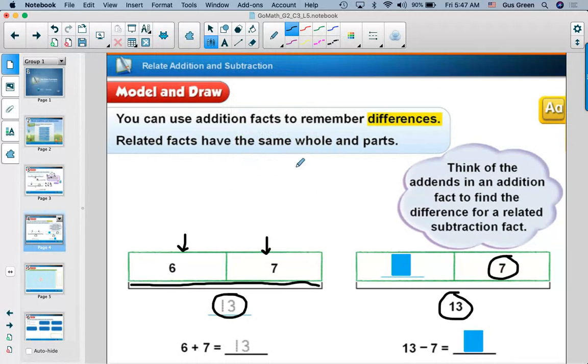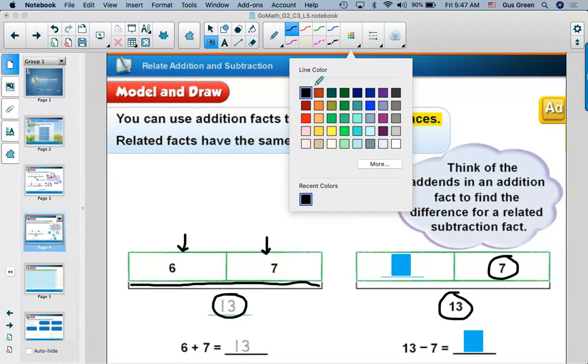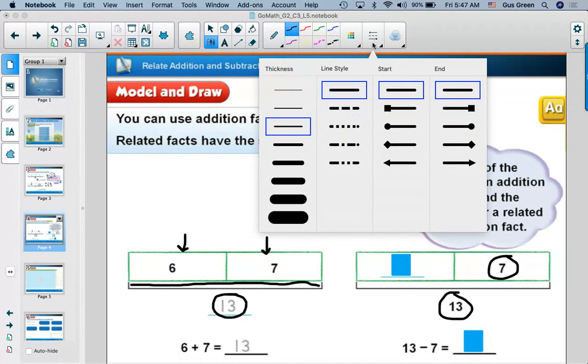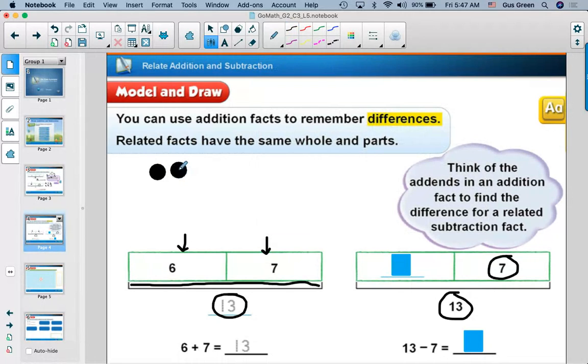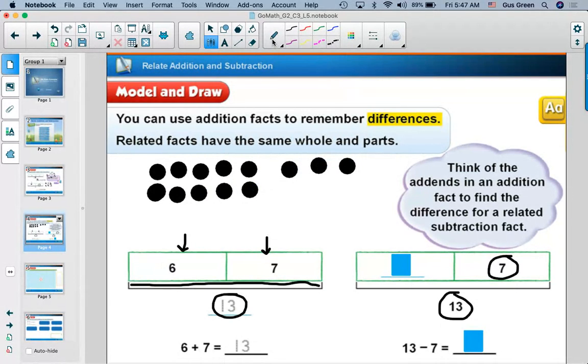Let's do another strategy. Let's draw a quick picture. Let's do 13, and let's stick with our soccer ball theme. I'll do 13 dots. There's 13 dots.